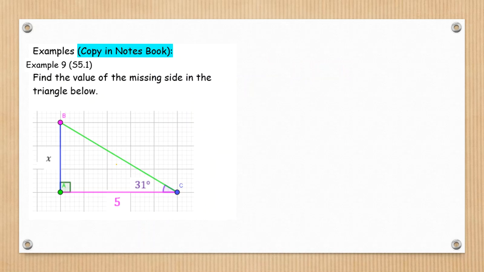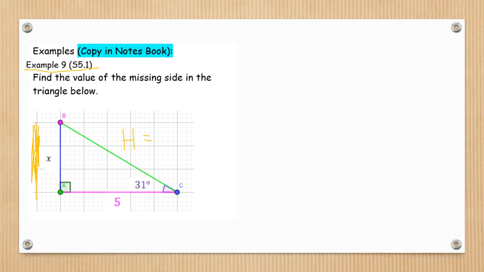So we have this kind of a problem, for example 9. Find the value of the missing side in the triangle below. So we need to find this side. So which ratio equals sine 31 degrees? Something over 5. So I like to think of what the hypotenuse is first of all.